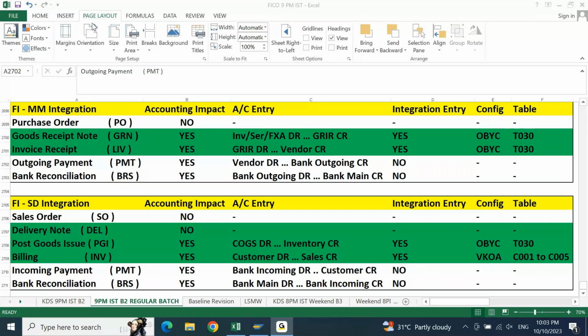And at invoice billing level, sales is created and maintained. Is there any difference between sales and revenue, sir? If I want to maintain revenue, what is the difference?